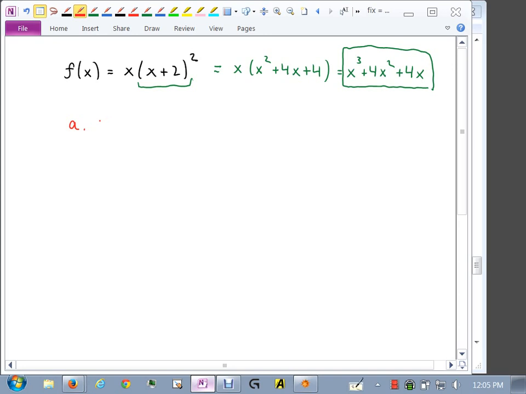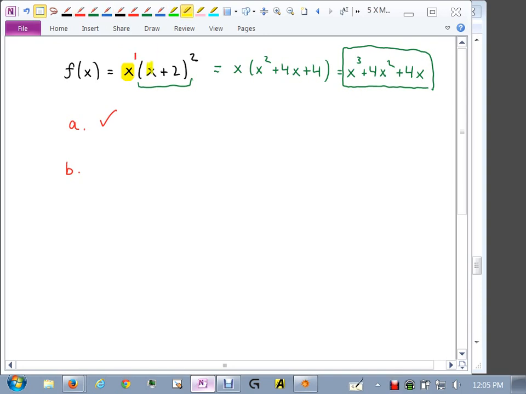Step A, is it a polynomial? Yes. Step B, determine the left and right hand behavior. Now the way to do that is to look at this, but I said we don't want to multiply it out, do we? Not every time. So let me show you a shortcut to get to x cubed, because that's the only thing that matters. I look back over here and say, I have x. What's the power on that x? 1.